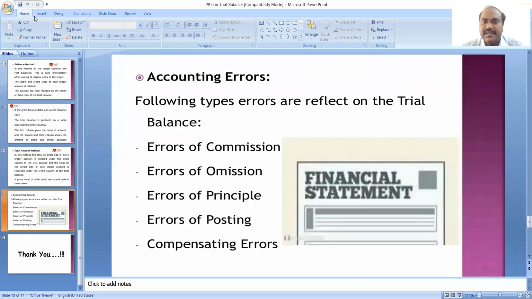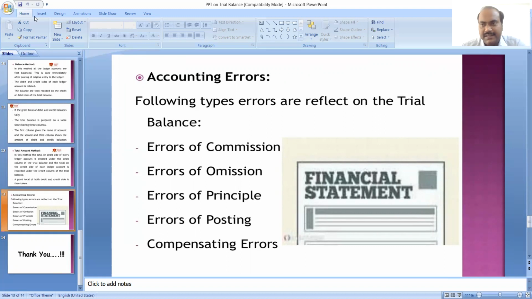Next, let us see the general accounting errors that people usually make: errors of commission, errors of omission, errors of principle, errors of posting, and compensating errors.